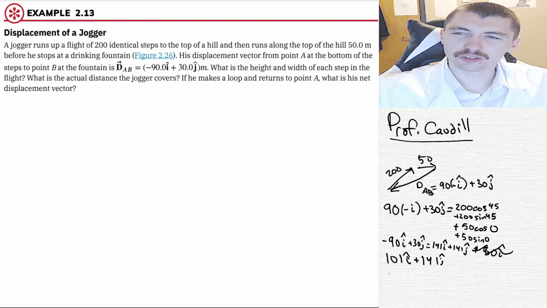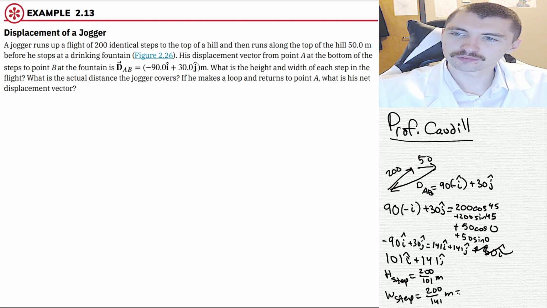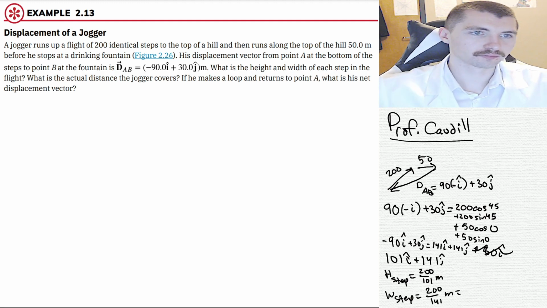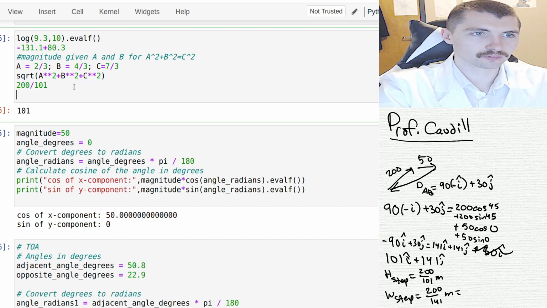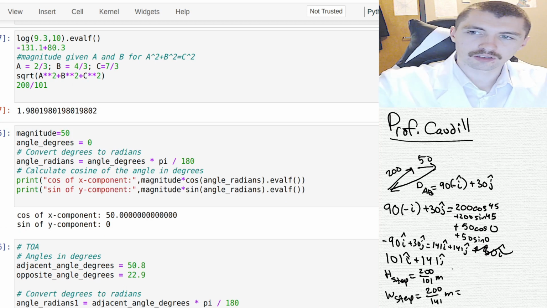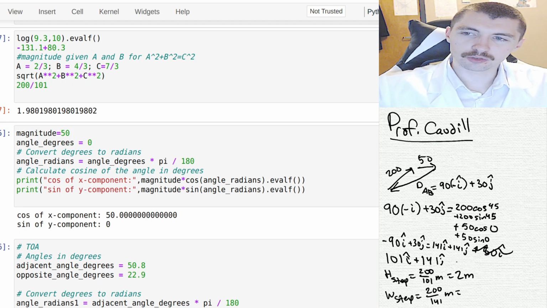So we have a height of each step is 200 over 101 meters, and then the width of each step is 200 over, so 2 meters for the height.